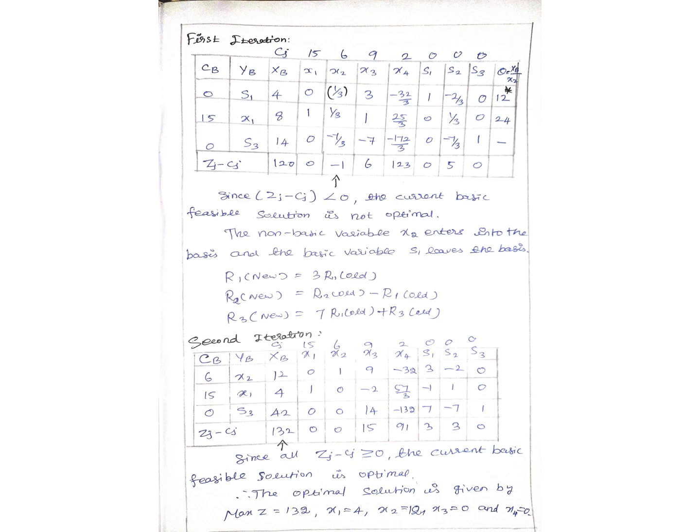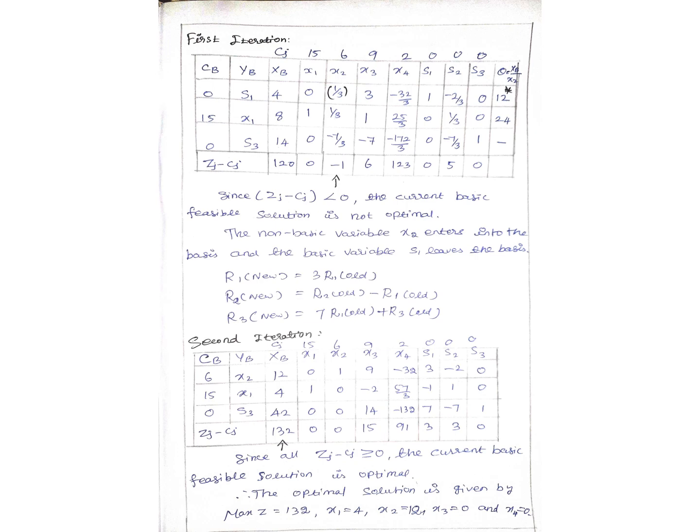Then we have to find out the minimum ratio theta. So here Zj minus Cj is less than 0, so then we have to find out the theta. Theta is equal to xb divided by x2.